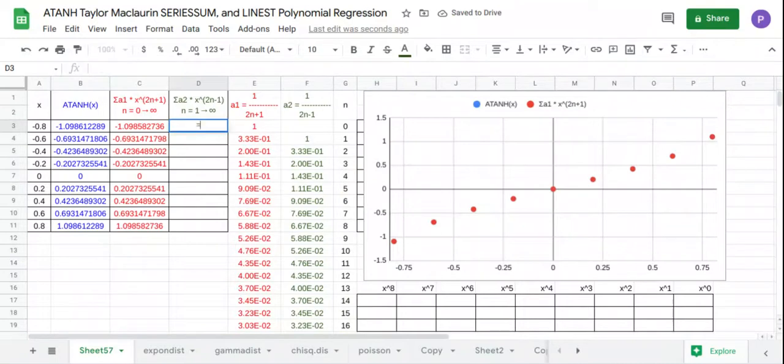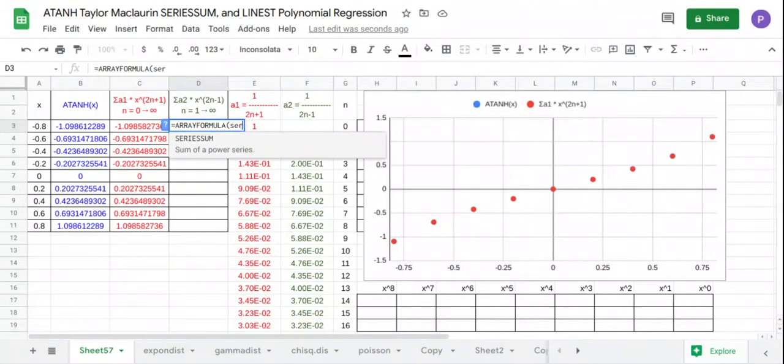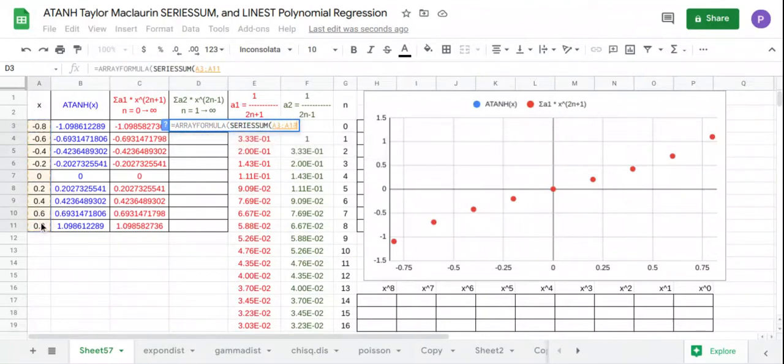Now the series sum. So array formula of the series sum of the x values raised to the power 2n minus 1. So at n equals 0, n equals 1, 2, minus 1, 1. So the starting point is 1.